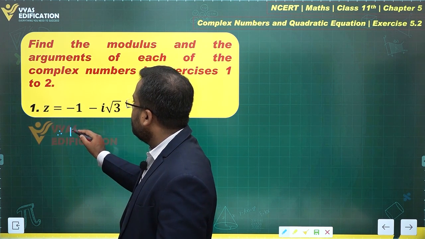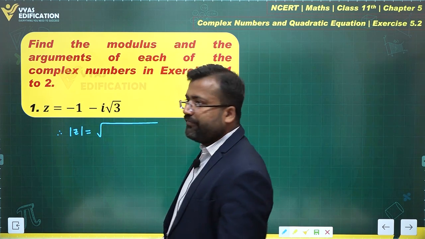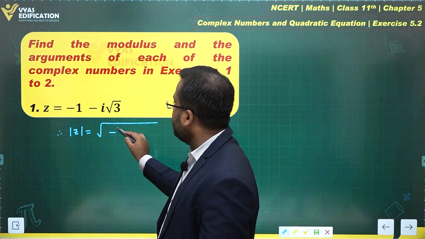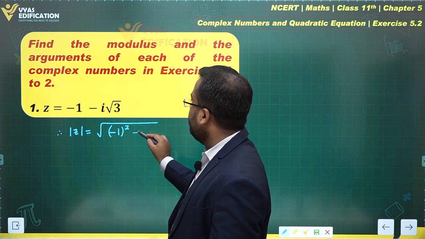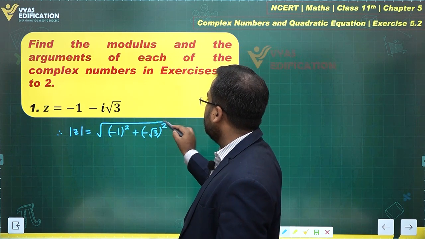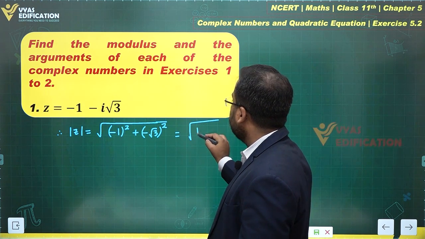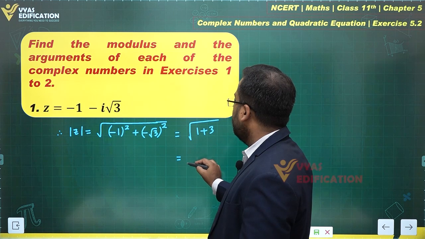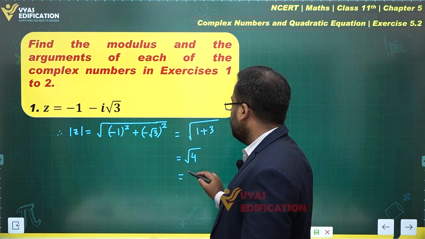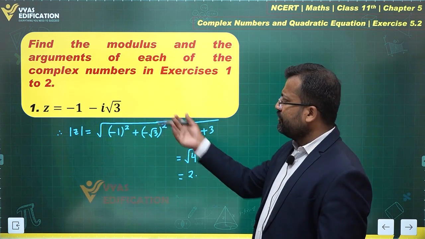Therefore, mod z would be equal to under root of the first term, that is minus 1 square, plus minus root 3 square, under root. What is this giving me? This will give me under root of 1 plus 3, which is under root of 4, which is equal to 2, simply 2. That's the modulus of z for us in this question.